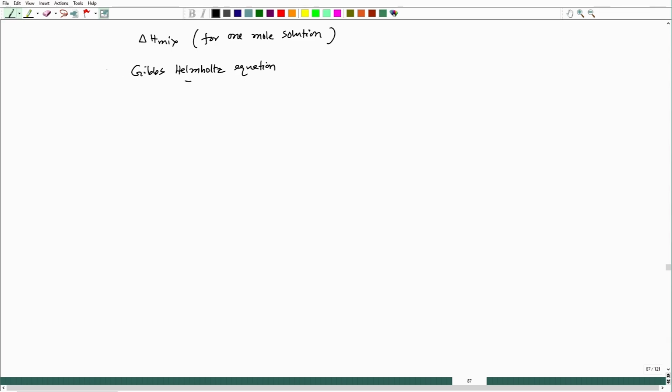If we go back, you can see that when pressure and composition are both constant, at that time we can write H divided by T square.